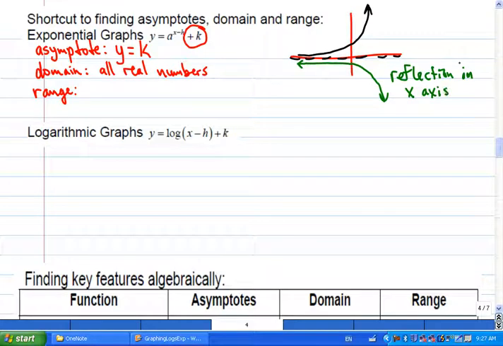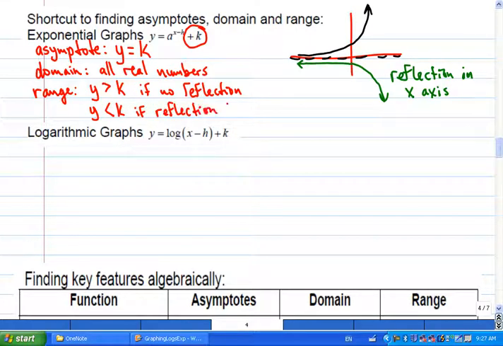And if you remember from transformations, that means we'd have a negative sign in front. So if we wanted a shortcut for this, the way we could write down the range is y is greater than k if no reflection, and y is less than k if there is a reflection.